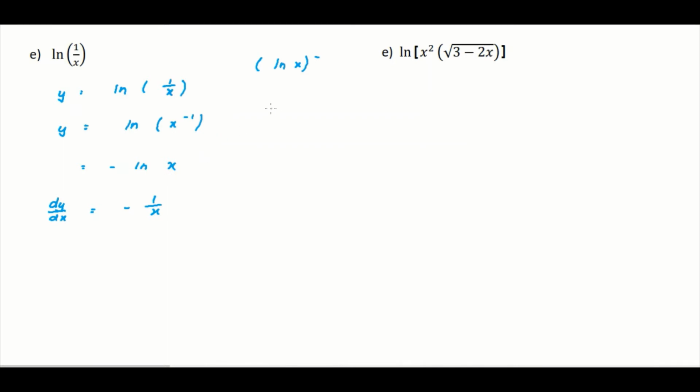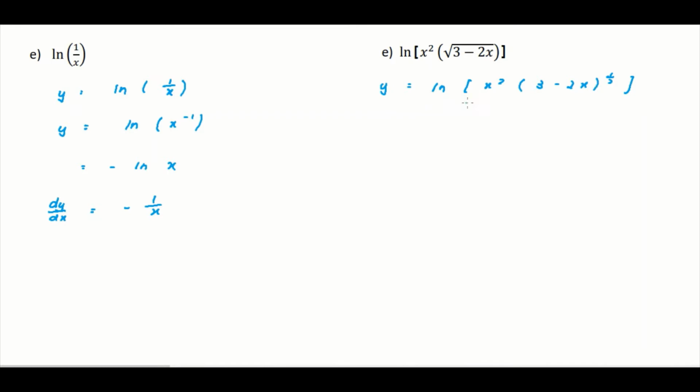Okay, so E. For this question, what we can try to do is simplify it first. So y equals natural log, let me just copy first. So maybe we can try to change this already. Okay, 1 over 2. You wouldn't choose to do the binomial expansion here, right?